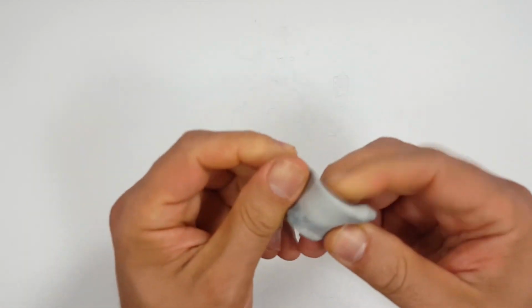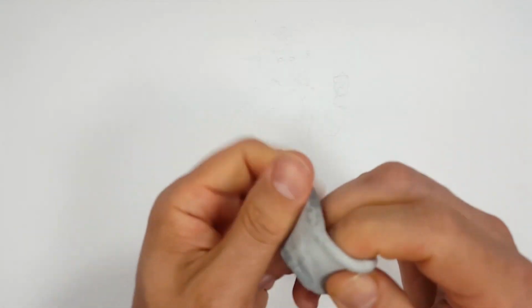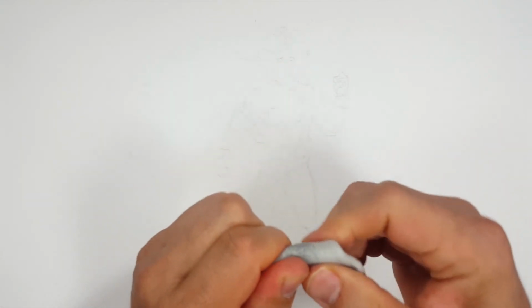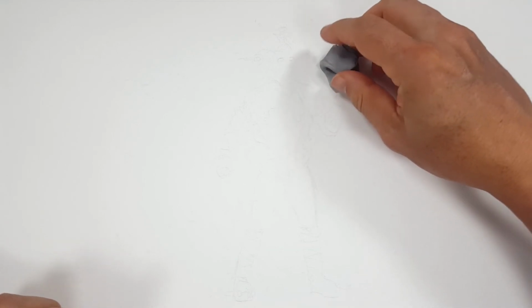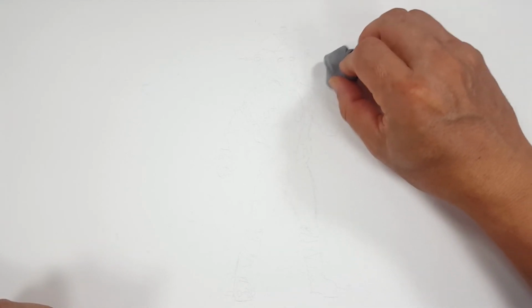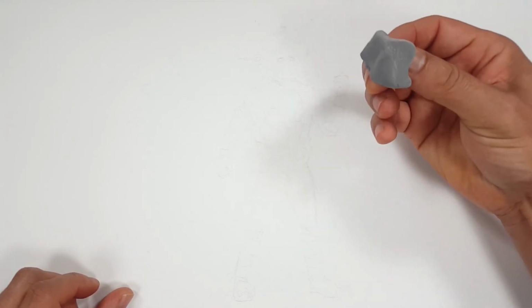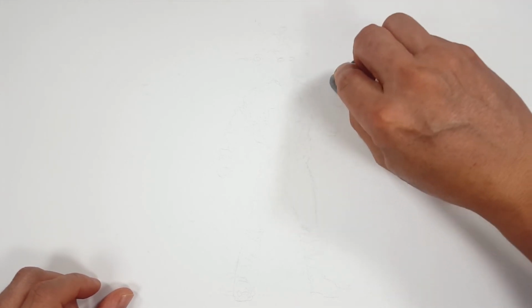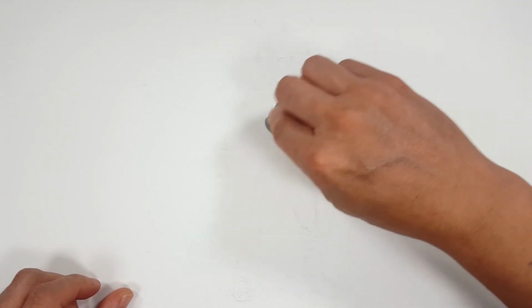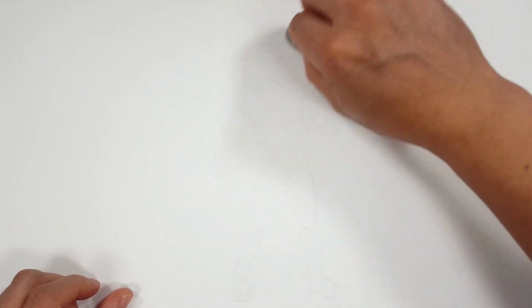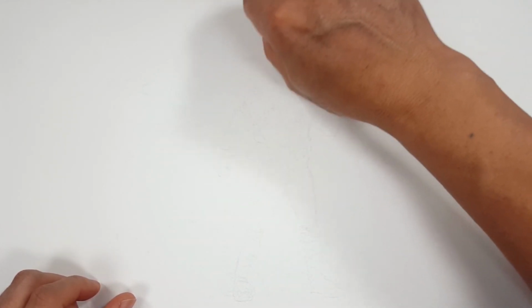You clean it by kneading it, K-N-E-A-D-I-N-G, kneading. And that cleans it, because it gets pretty dirty from picking up all the lead lines. Or graphite, right? It's not lead, but we call it lead because it's pencil lead, though it's not really.